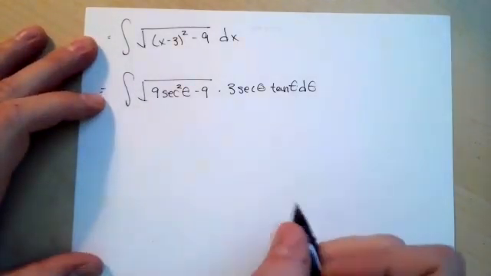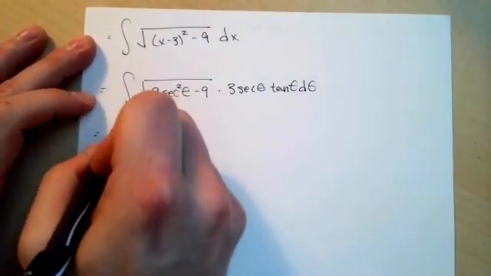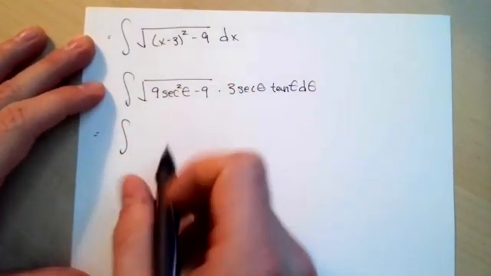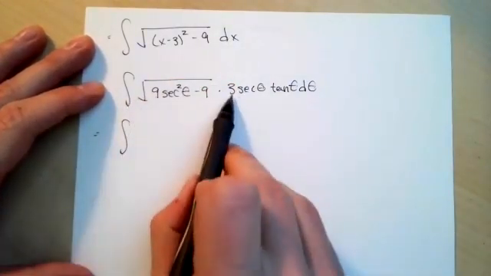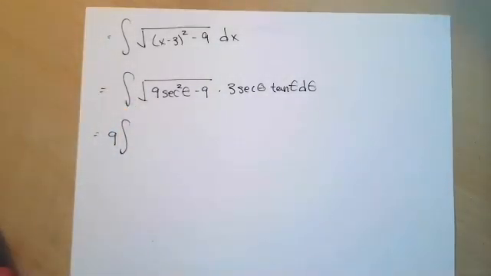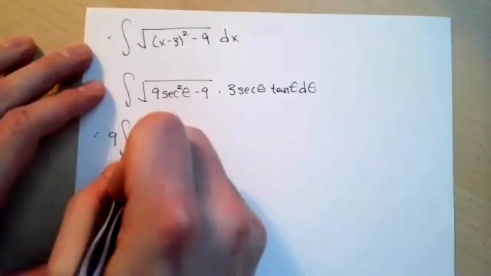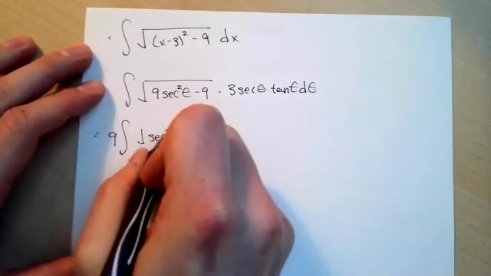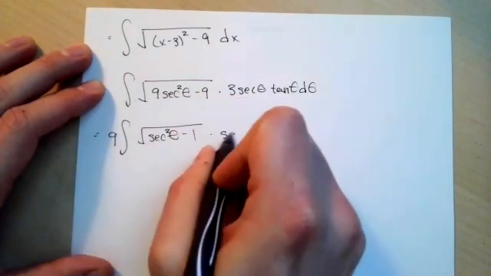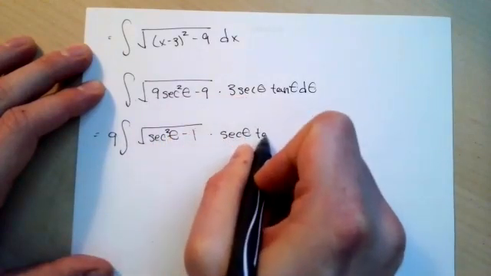So then we've got to do all the algebra here. Underneath the square root we factor out a 9, which gives us a factor of 3, plus that factor of 3 will give us a 9 in our constants. Then our square root will be secant squared minus 1. We've still got our secant and tangent.